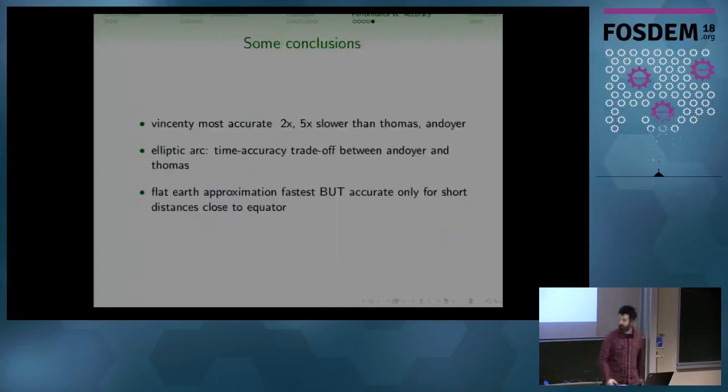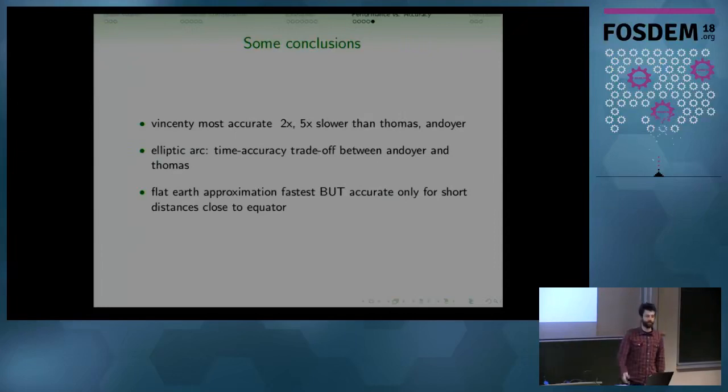So some first conclusions that we can have is that Vincenty is the most accurate, and it's 2 times slower than Thomas and 5 times slower than Andoyer. Something interesting here is that Vincenty, the implementation in Boost Geometry compared to GeographicLib, which is a very detailed library that is used by PostGIS, is 2 times faster.